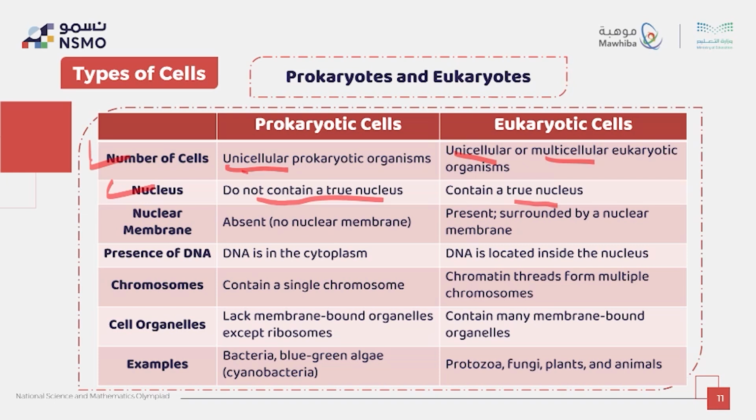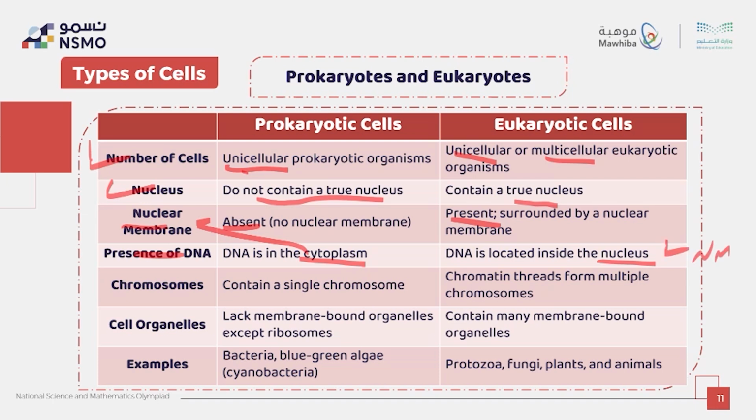Okay, the other one is nuclear membrane. In prokaryota it is absent, in eukaryota it is present. And the presence of DNA: in the prokaryote, the DNA is in the cytoplasm because it lacks a nuclear membrane, and the DNA in eukaryotes is inside the nucleus because it has a nuclear membrane.